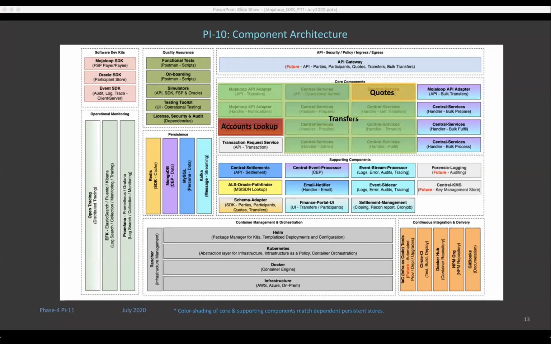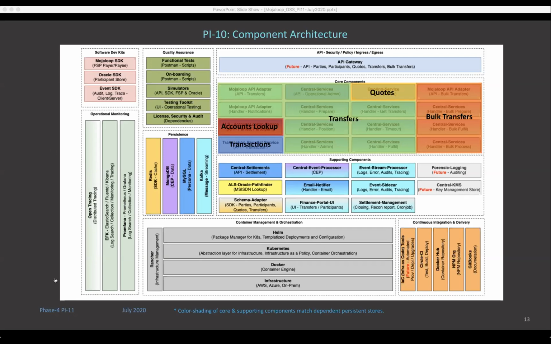We also have the quotes, the transactions, and the components for the bulk transfers as well. If you were part of Monday's technical overview, there was already a more detailed discussion about them there. So if you want more information, please view that recording. I think it would be useful if you're interested more in the technical side of things.